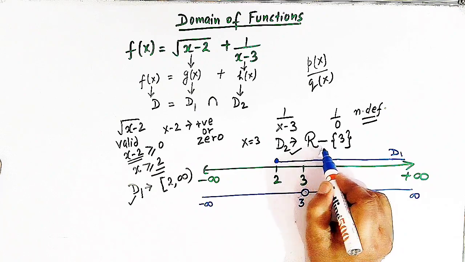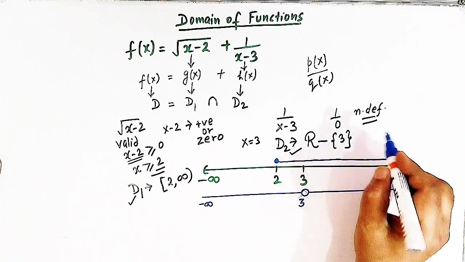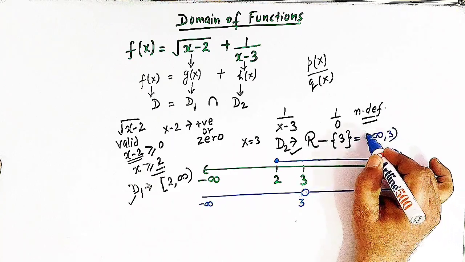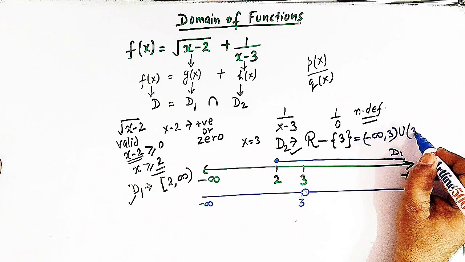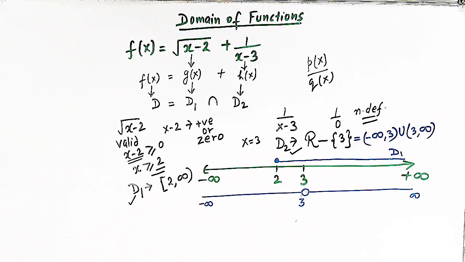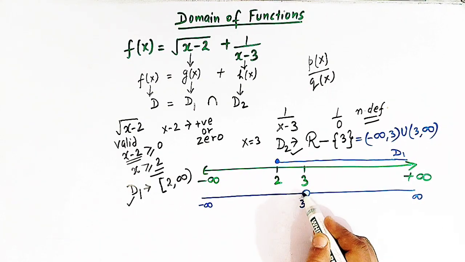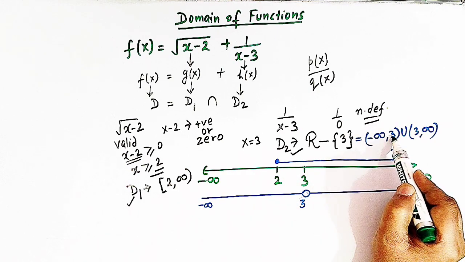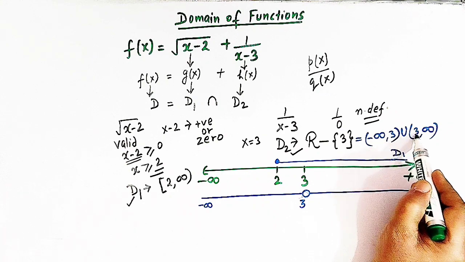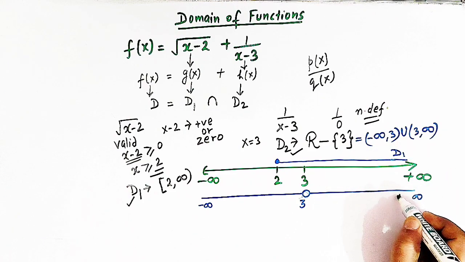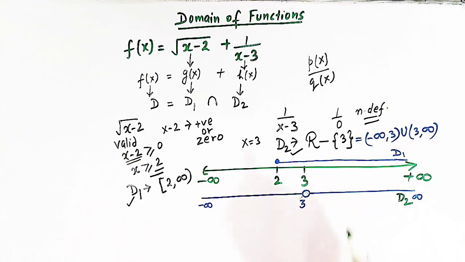So this interval, or R minus 3, can also be written as minus infinity to 3 union 3 to infinity, right? So here this circle signifies that 3 is not included, right? So here this 3 and this 3, they are not included. Okay, so now from d1 and d2, we have to identify the common region, right?